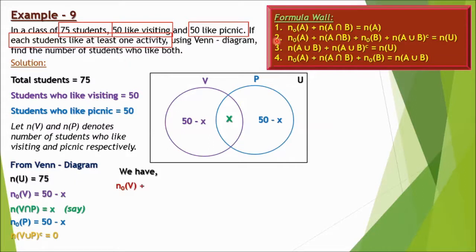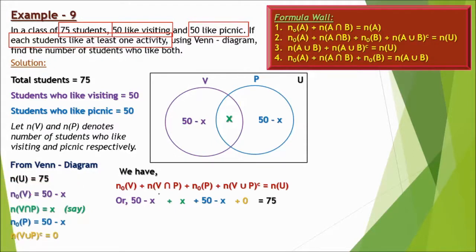We have the formula. That's the second formula. Let's substitute the values. You can take the value of only V from here, 50 minus x, and the intersection, that is x, from here, and only P, 50 minus x again, and complement 0, and total, that is 75. Now we can cancel x and x.